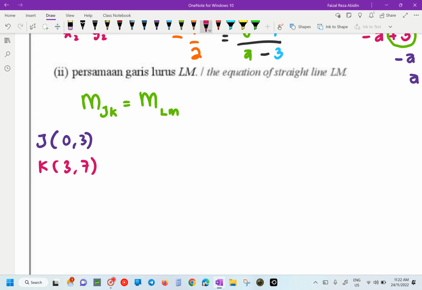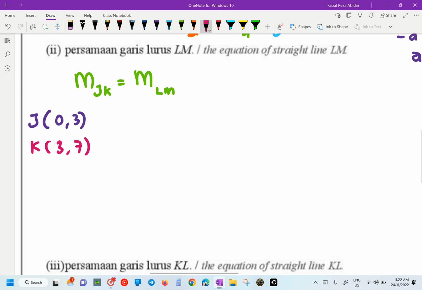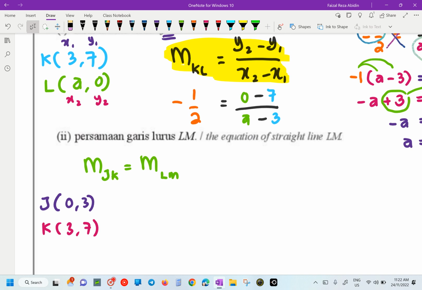This type of question will be coming out in your exam, in section C. So, we are going to find what? Gradient. Let me show you back the formula to find our gradient. So can I find the gradient of JK now? This one is x1, y1.